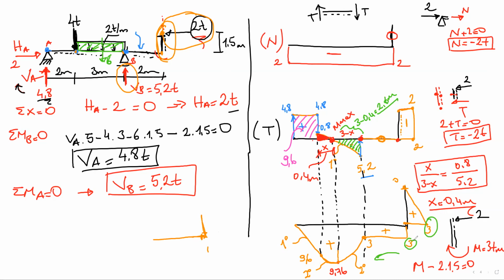If these values are equal at the corner, you are doing it correctly. There is no problem. We have just drawn the positive moment diagram here.